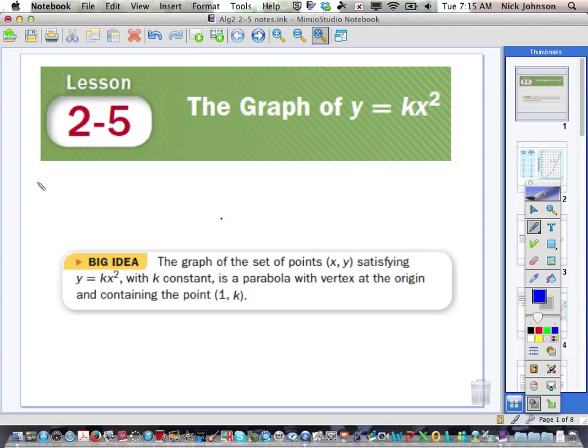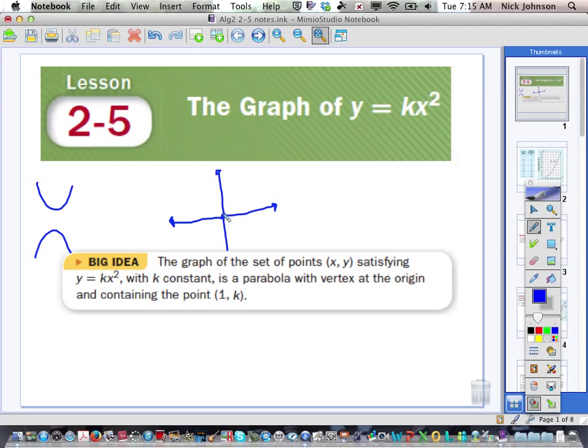Remember, parabolas look something like this, or they look something like this from Algebra 1. But what they're telling you is you could automatically graph a parabola by simply putting (0, 0) in and then (1, k).